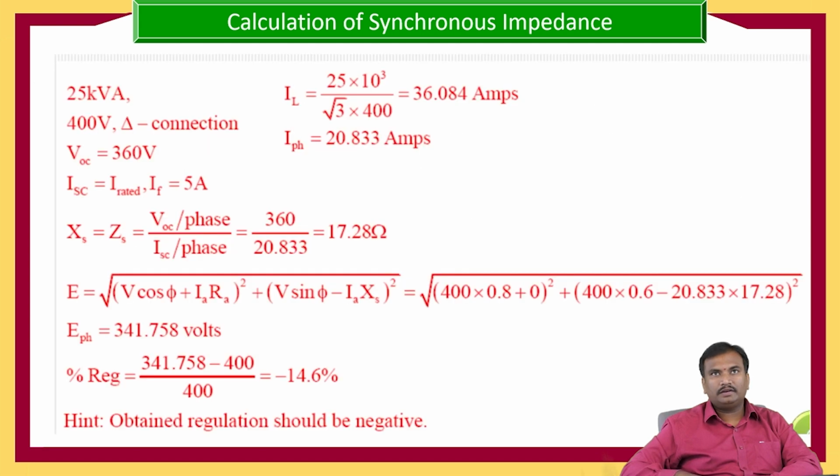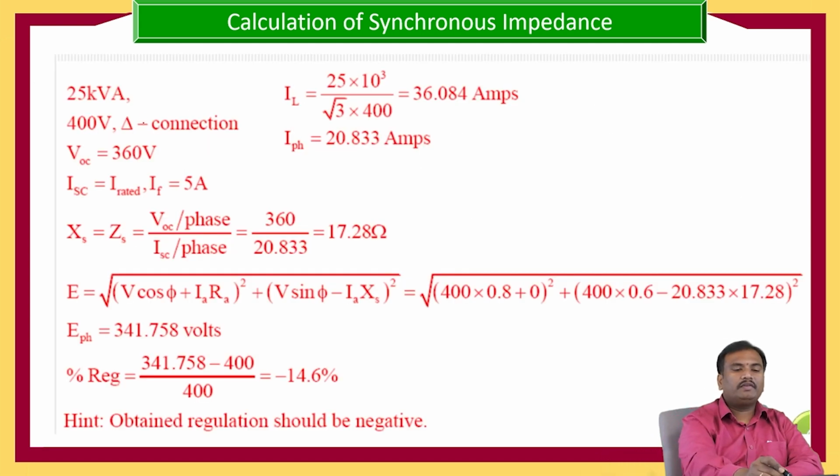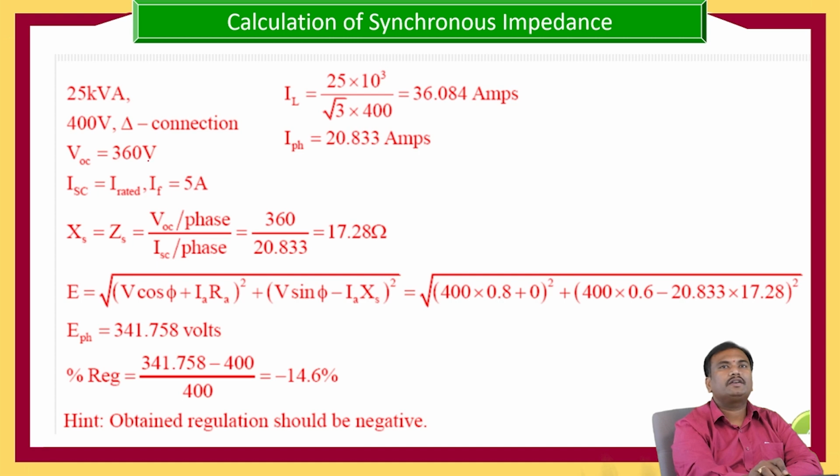So here the given data is 25 kVA, 400 volts, delta connection. Open circuit voltage is given as 360 volts. Short circuit current is equal to rated current, where IF is equal to 5 amperes. What is the rated current?